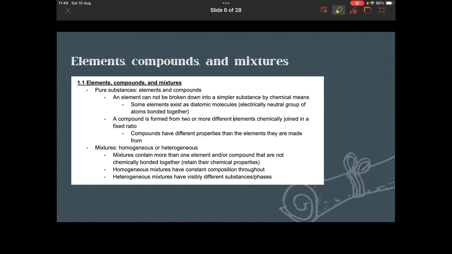Now to talk about elements, compounds, and mixtures. So elements, this is like everything you see on the periodic table. Elements cannot be broken down into a simpler substance by chemical means.